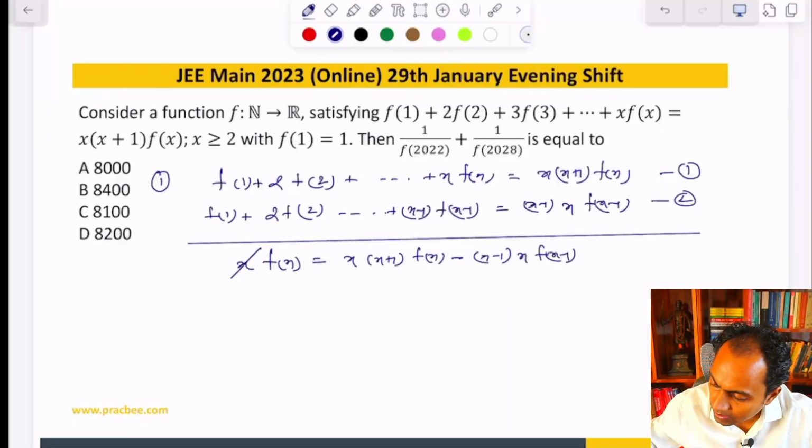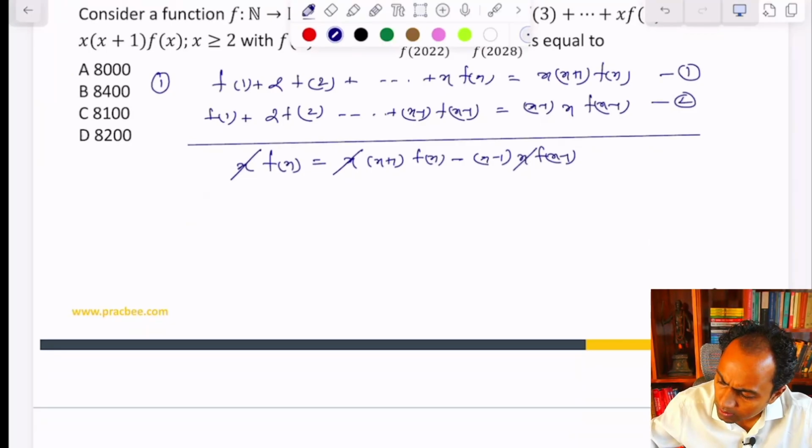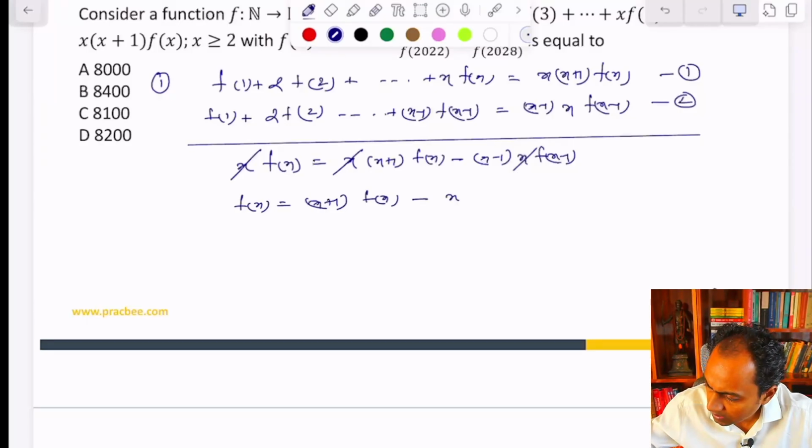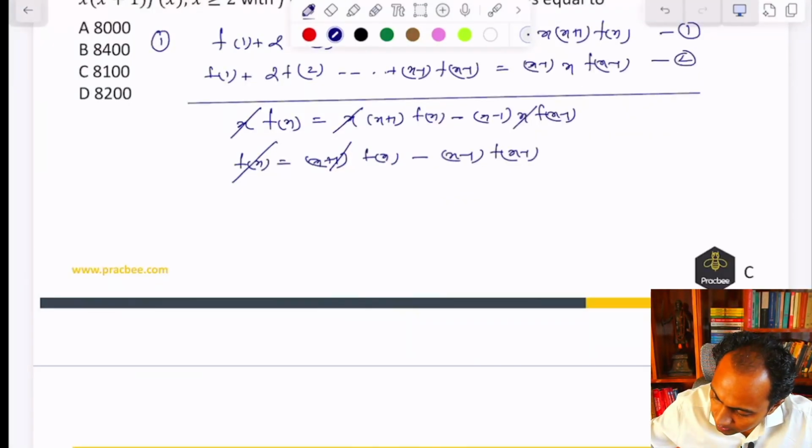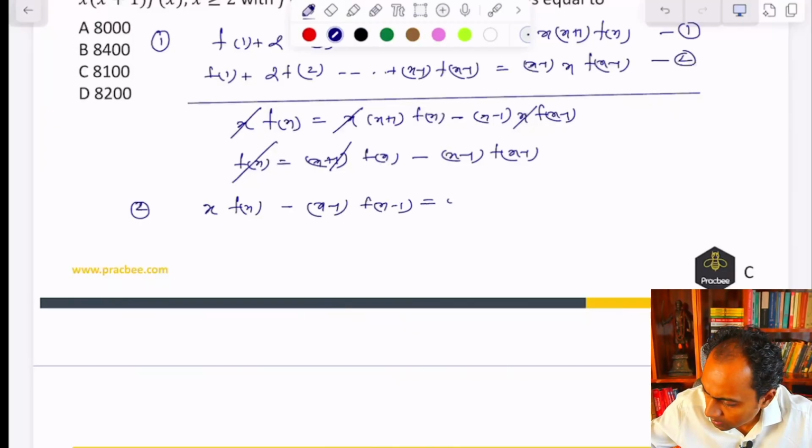You can see that if x gets cancelled out, we have got in the first part f of x as x plus 1 f of x minus x minus 1 f of x minus 1. Once we have this, we can write x into f of x in the second part minus x minus 1 into f of x minus 1 is equal to 0.